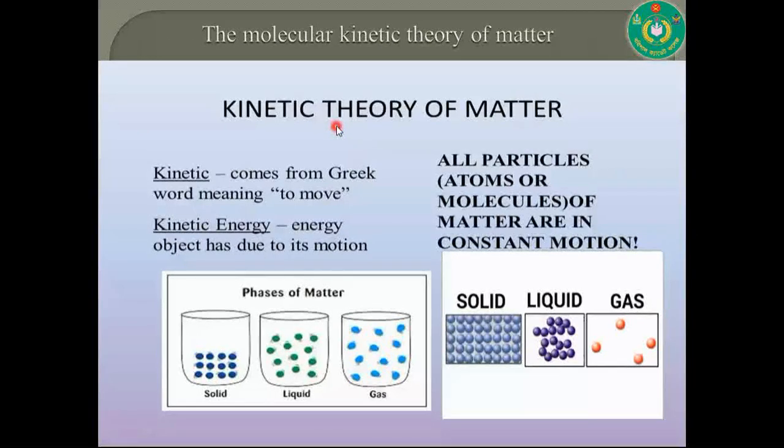Now I discuss the molecular kinetic theory of matter. You see here, there are three kinds of substance: solid, liquid, and gas.